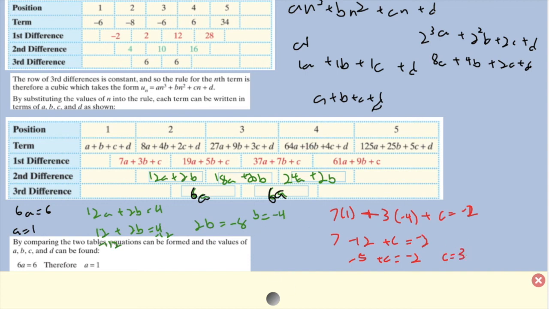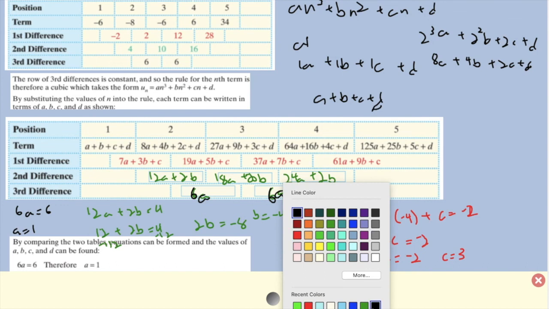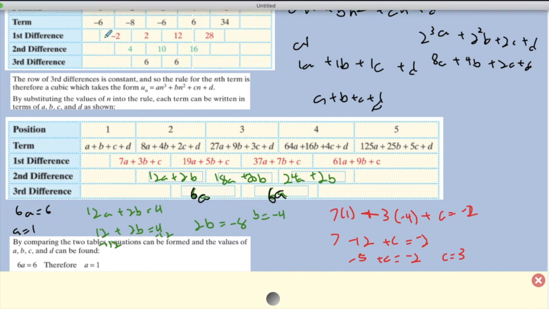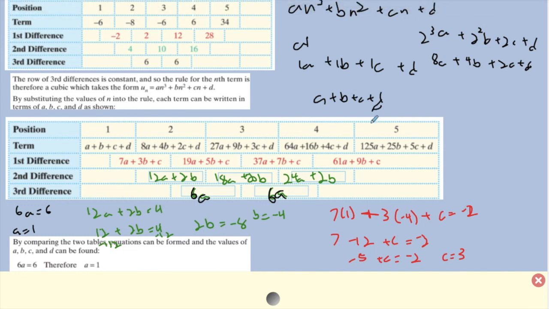And finally, our last one, d. All right, a plus b plus c plus d is negative 6.